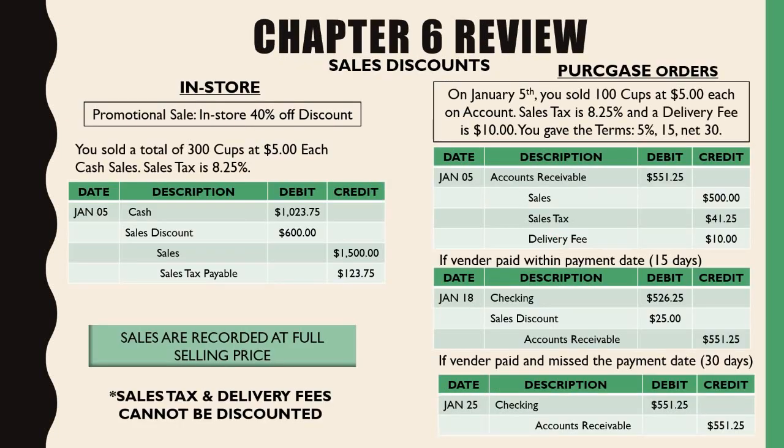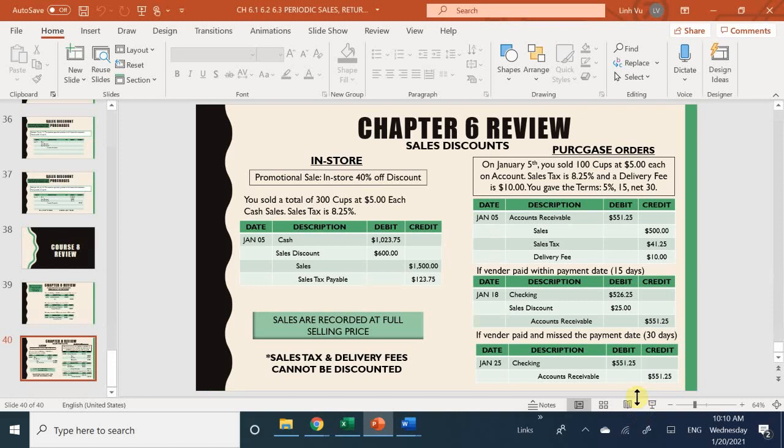We have an in-store wide discount, which is widely used, and then we also have ones that you can personally give as incentives if you give them terms. So one of them is in-store and the other one is when you give special discounts to people who owe you on an account. All right. And that's it for chapter 6.1 all the way to 6.3.